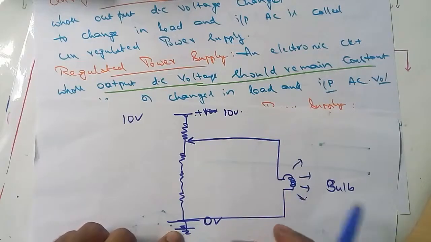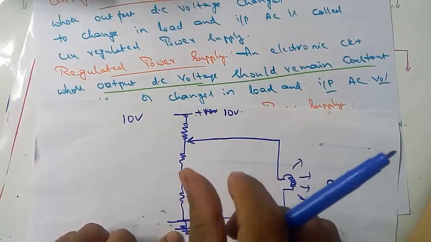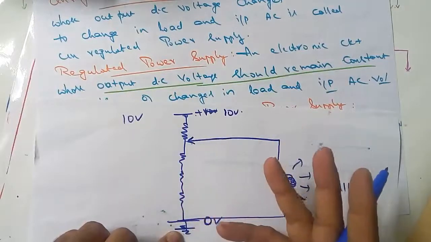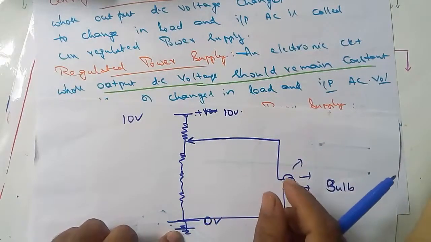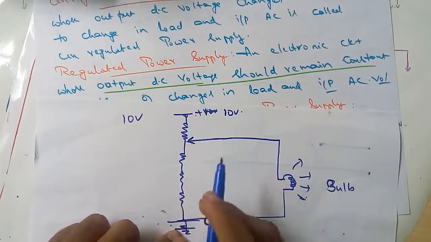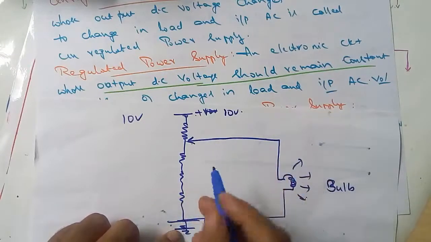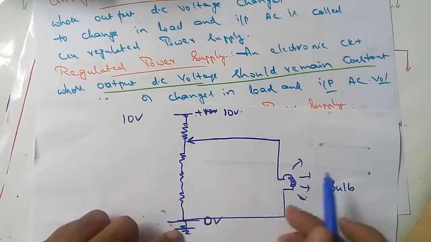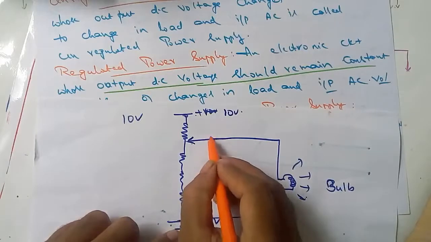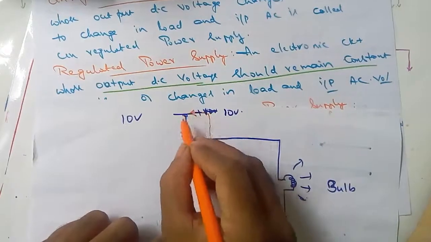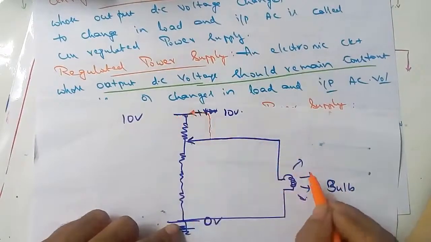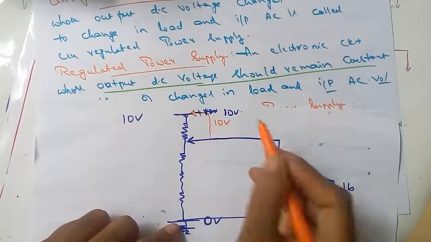There is a volume controller, right? We raise and decrease the volume by using a volume controller for our tape recorder, CD player, or the players we are using. In that, there is a potential divider. If the potential divider is connected to the very end, it gives 10 volts.